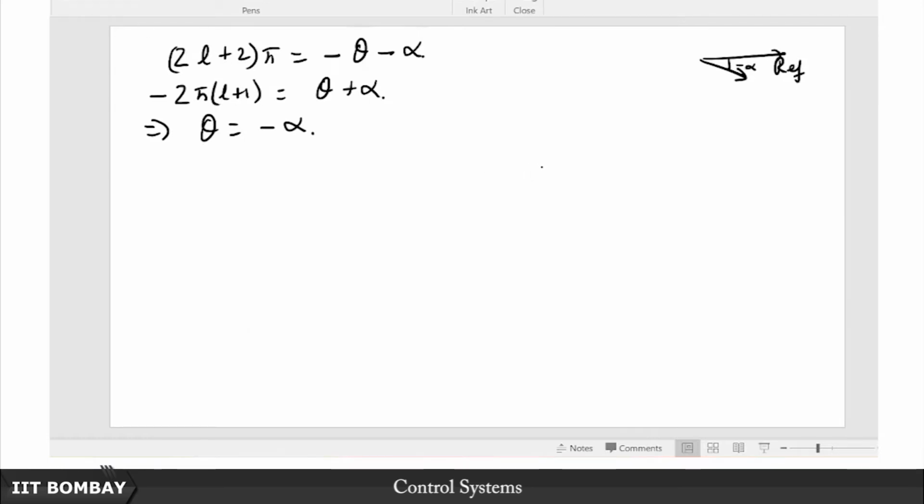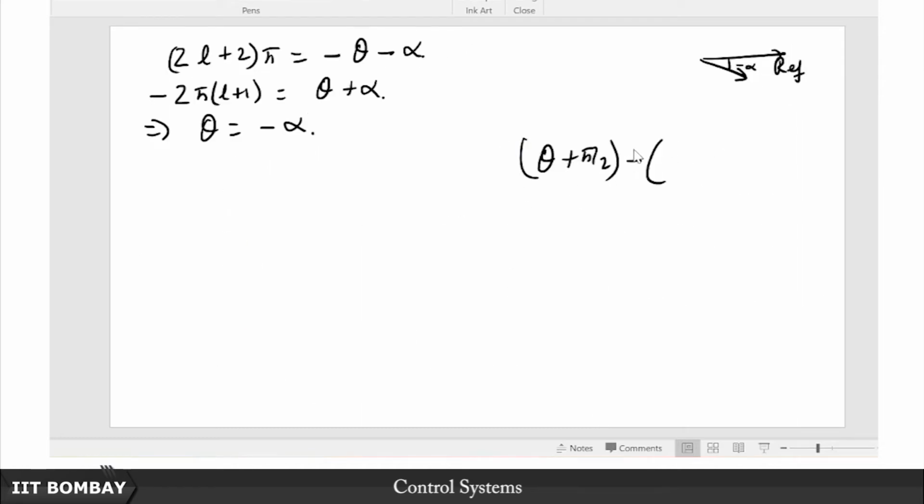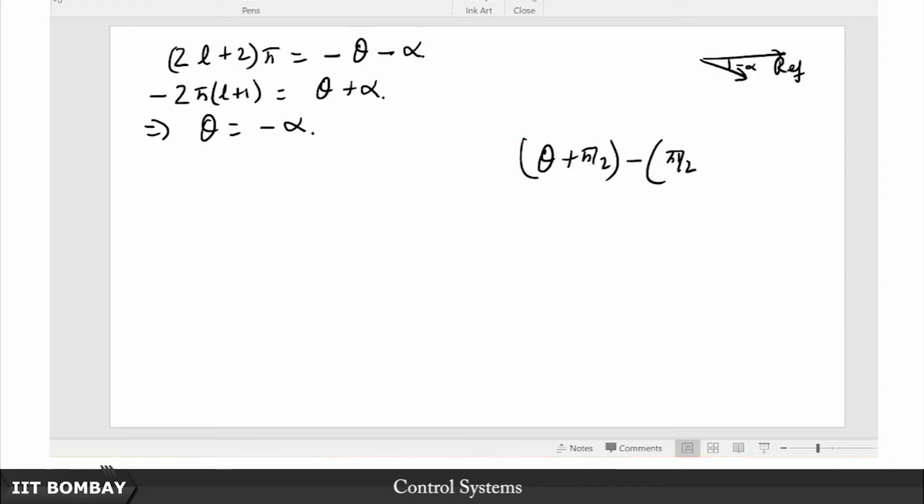So the angle contribution from the zeros themselves are theta plus pi by 2 minus the angle contribution from this pole, pi by 2, as I said it will cancel out, but I am still writing it for the sake of completeness, and from this pole is going to be another pi by 2, plus pi by 2, and from the origin it is going to be pi by 2 plus beta. Yeah, this is going to be some 2l plus 1, some odd multiple of pi, alright.